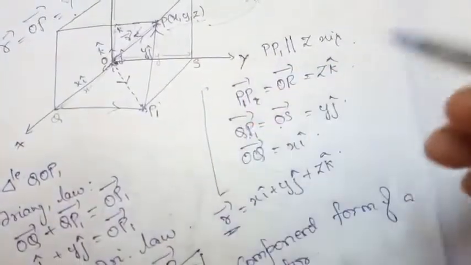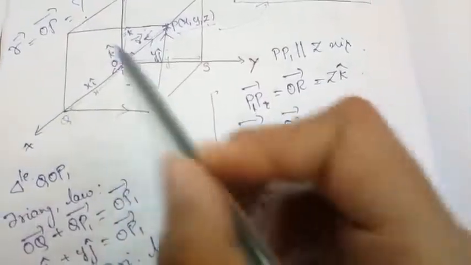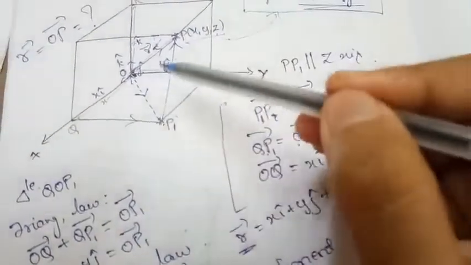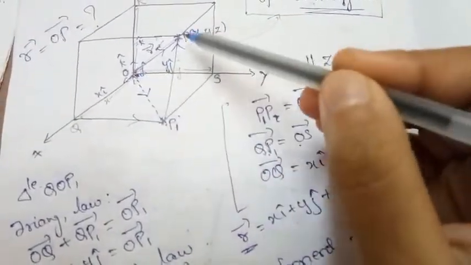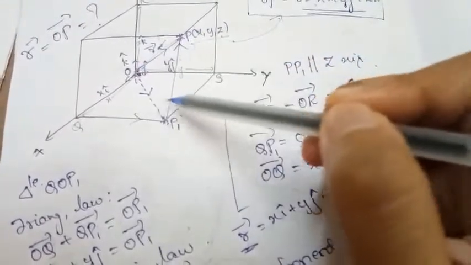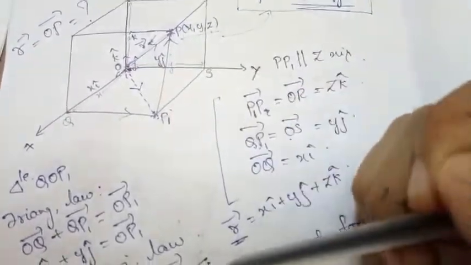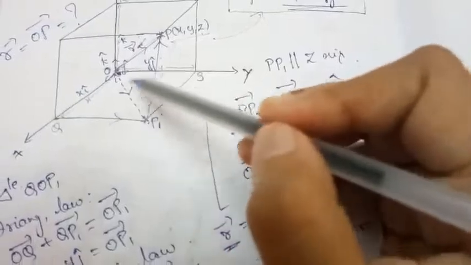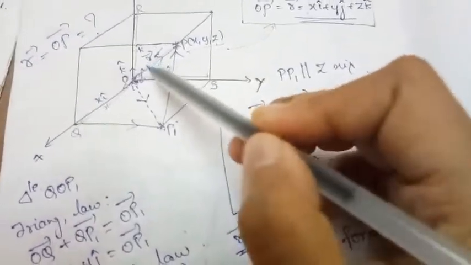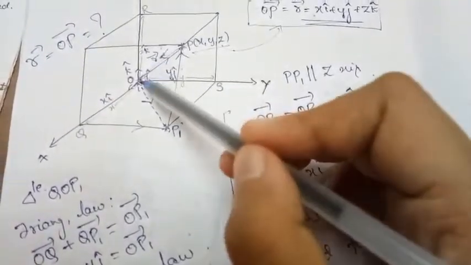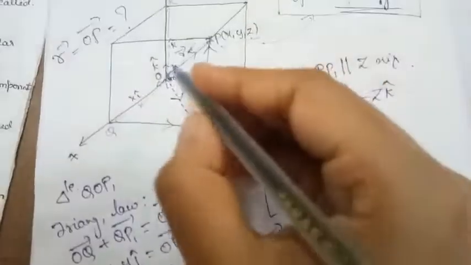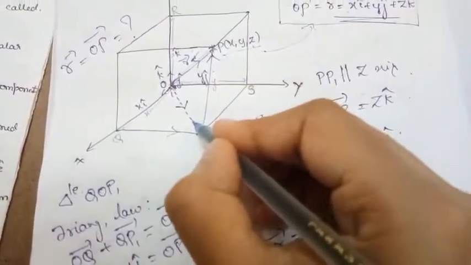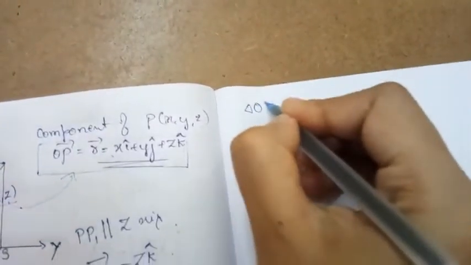So by applying the Pythagoras theorem for this triangle, and again applying the same theorem for this triangle, because even this triangle is right angled, by applying the Pythagoras theorem 2 times, we will get the magnitude of this vector OP.